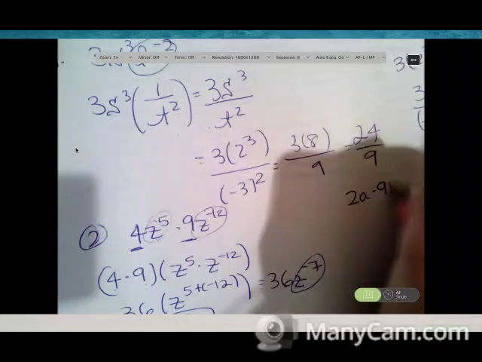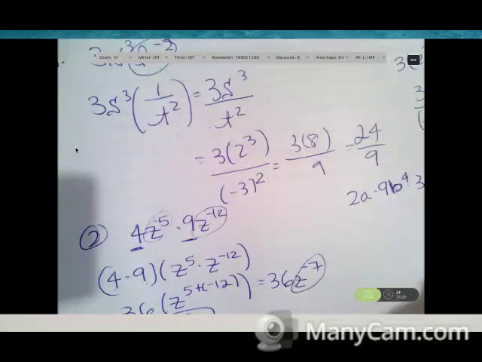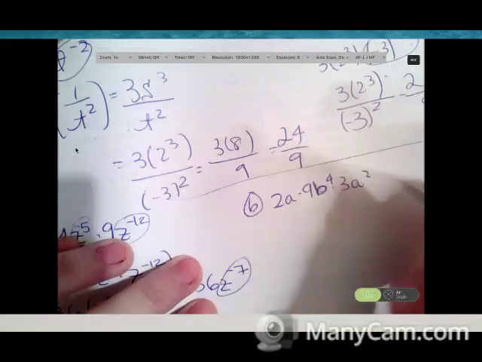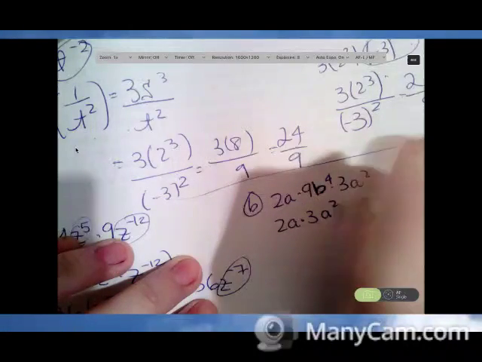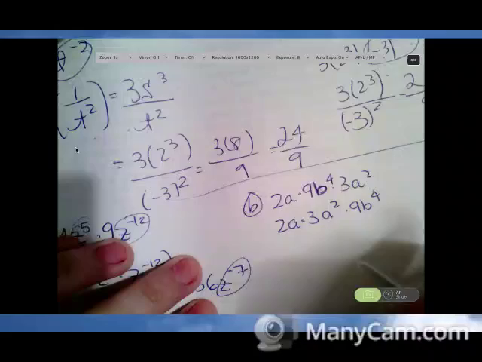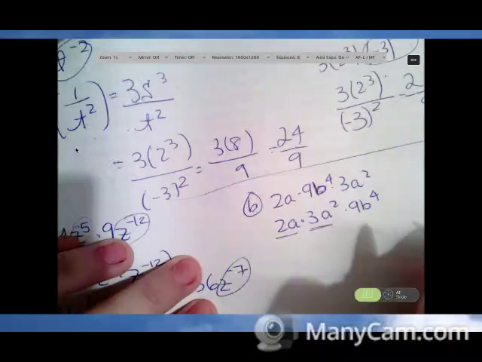2a times 9b to the 4th times 3a squared. Now remember, multiplication is commutative. So let me rearrange this. So again, let's look at everything that has an a. This has an a and this has an a.